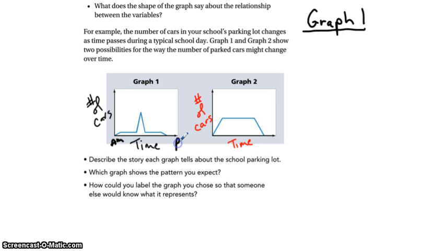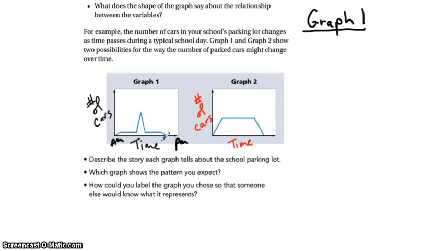This is going to be PM, because that's how the day progresses from morning to afternoon. But let's look. We've got hardly any cars in the morning, and then there's a slow progression increasing, and it kind of levels off, and then we have this high increase of a number of cars. Okay, it peaks probably mid-morning or middle of the day, and then it decreases rapidly, and then hardly any at all, and then it tapers off.